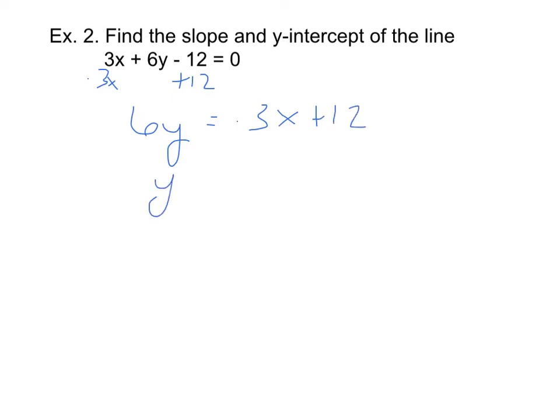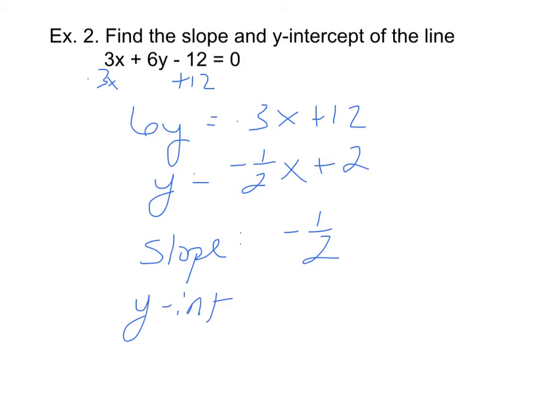And now if we divide everything by 6, this becomes negative 1 half x plus 2. So our slope is negative 1 half, and our y-intercept is again at positive 2.